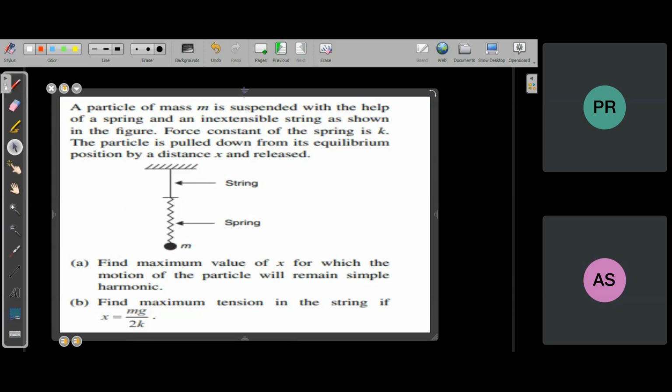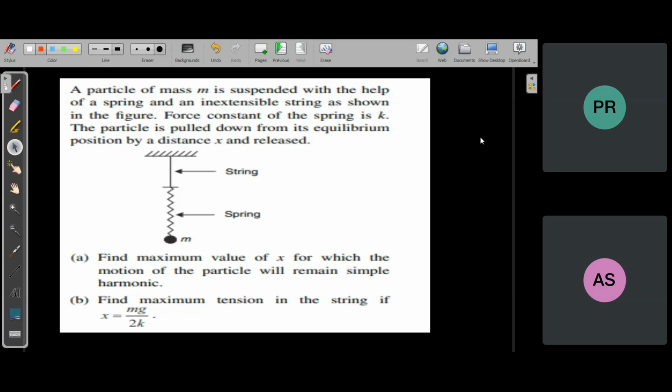A particle of mass m is suspended. The force constant of the string, a combination of strings.